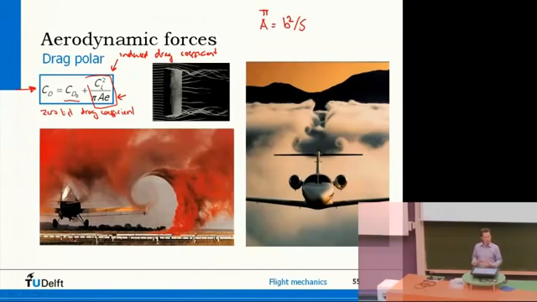So that's a constant factor. It's just a geometrical thing telling you how large is the surface area of the wing and how wide it is. And finally, E, that's what we call the Oswald factor. This is basically a factor which tells you how good the wing is.